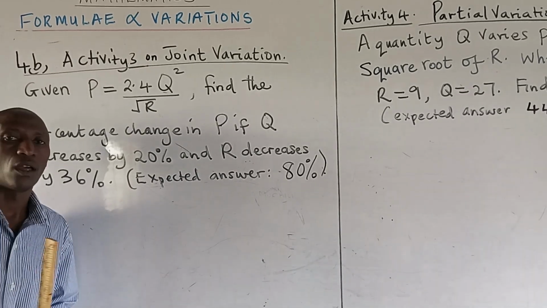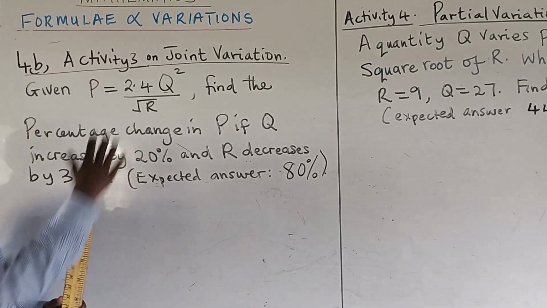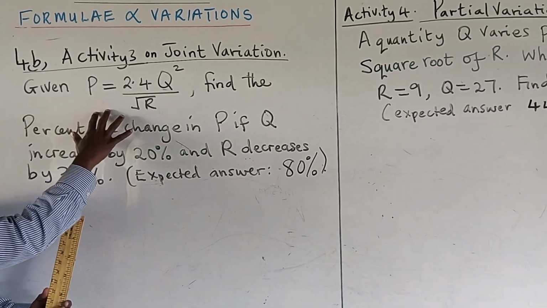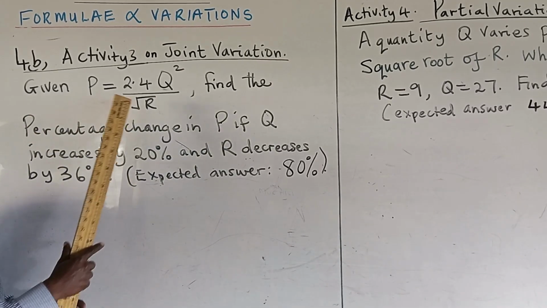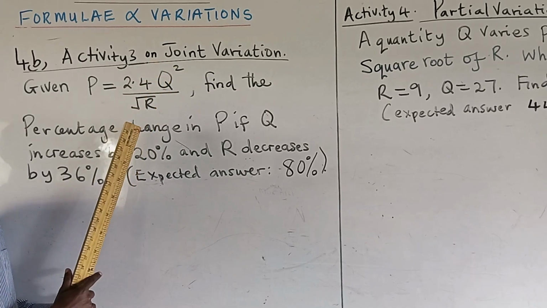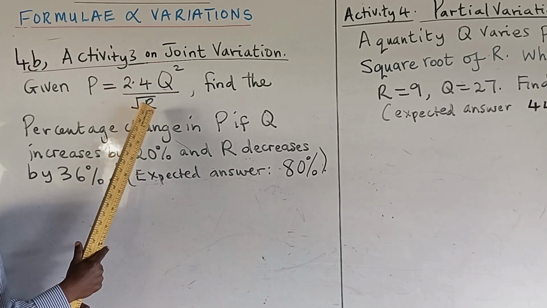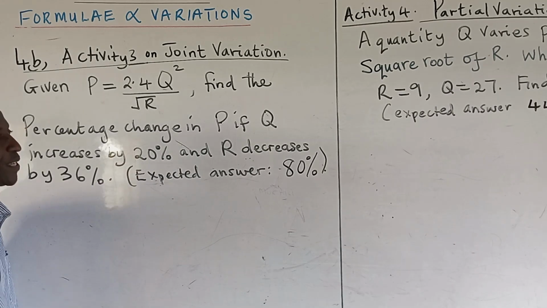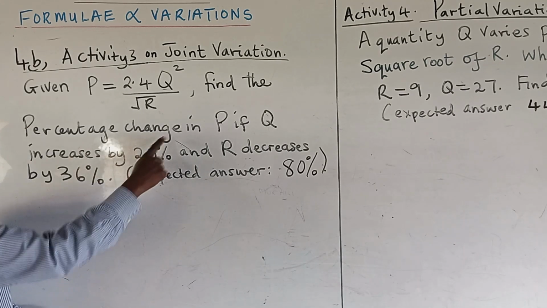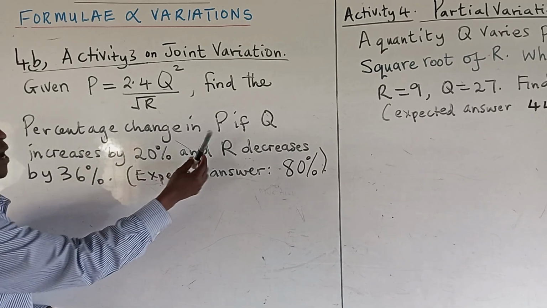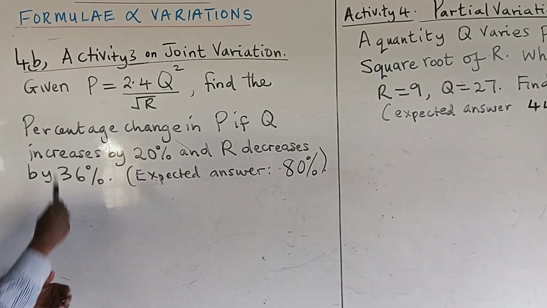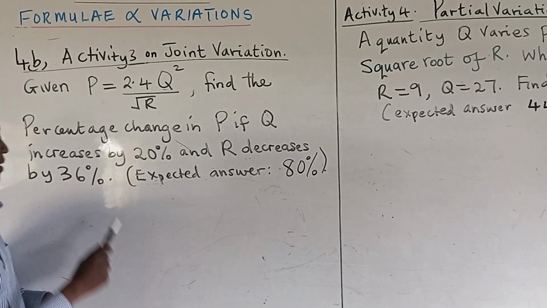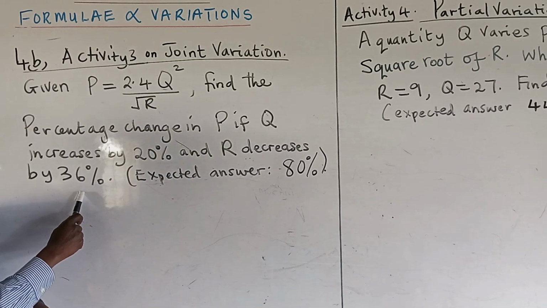Activity 4B is on the question that we have cleared, given that P jointly varies as the square of Q and inversely as the square root of R. Find the percentage change in P if Q increases by 20% and R decreases by 36%.